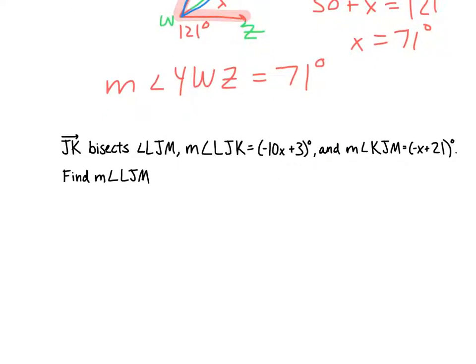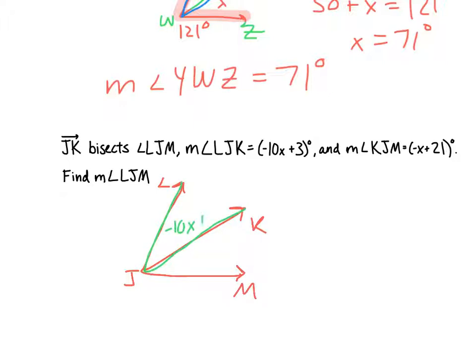JK bisects angle LJM. What do we do first? Draw it out. So we have LJM and JK bisects it. LJK is negative 10x plus 3.